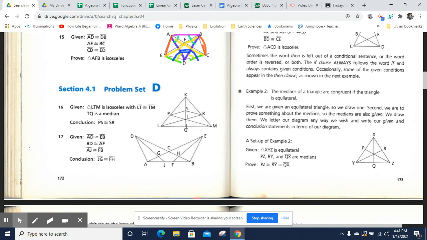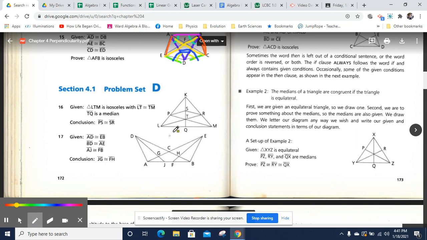Now, we've seen in other isosceles triangles that a median of an isosceles triangle we could also prove is an altitude. So you could go through the process of proving that this is a median, which means this is congruent to this. It also is an altitude, and you'll have to prove that it's an altitude using some of the proofs from earlier. That means that's at a right angle.